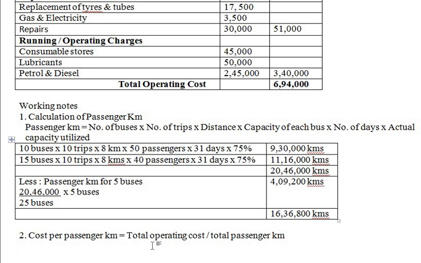Yes. Now next working note is cost per passenger kilometer. So write down the formula: total operating cost divided by total passenger kilometer, which is equal to total operating cost, already we have calculated, 6,94,000, divided by 16 lakhs 36,800 kilometers, which will be equal to rupees 0.42.